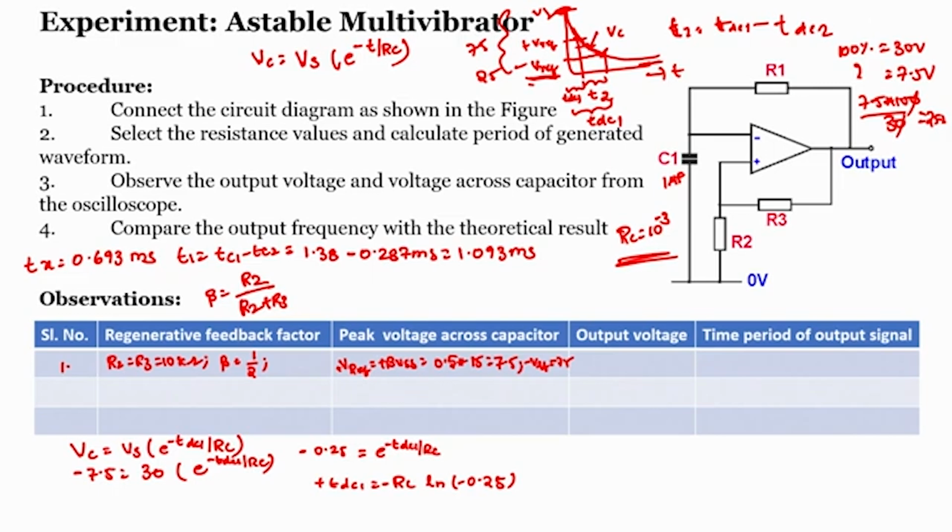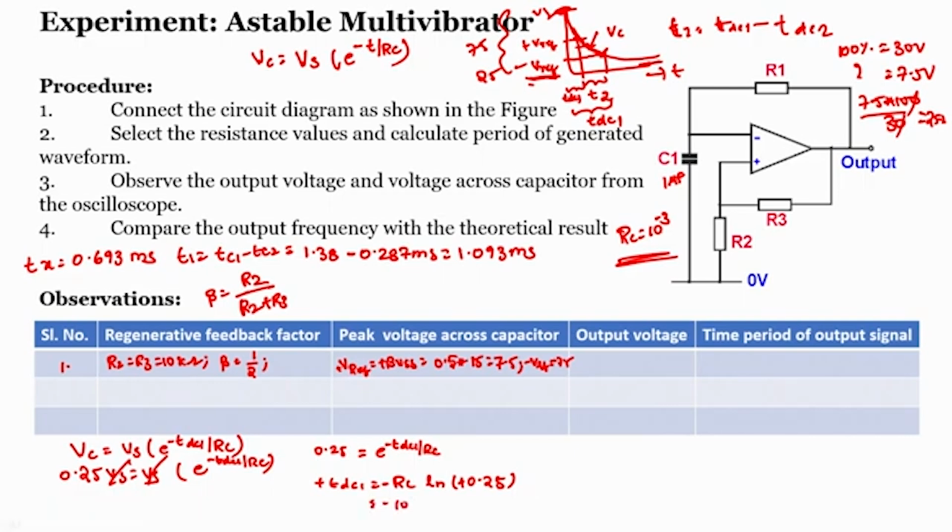So, I can say the relation between Vc and Vs is that 25% of Vs is nothing but Vc. So, Vs if I cancel, it should be 0.25, then it will become Rc into log 0.25, with Rc being 10 power minus 3. I will write it down so that this space I can use for TDC2.